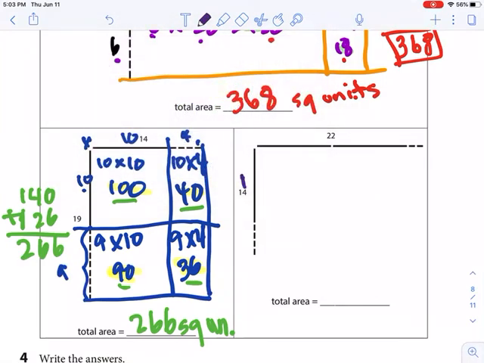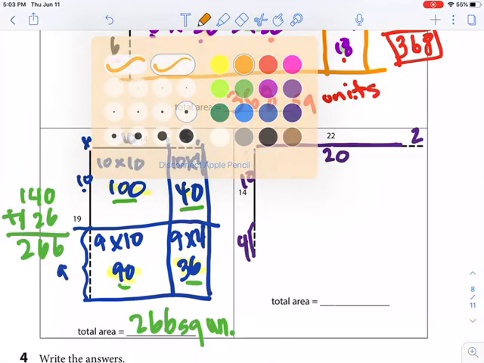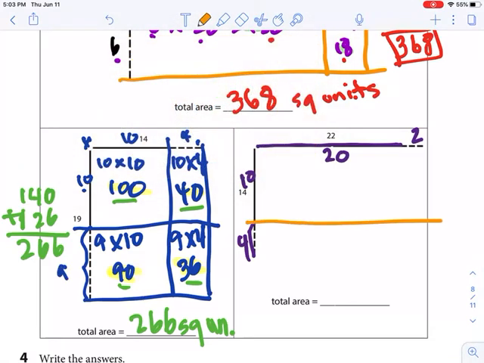I have 10 and 4 and 10 and 20 and 2. And I like to write that on the inside because it's that whole line that represents 20. I'm going to go ahead and create my area model, just so I have my parts of the area so I could visually see them.